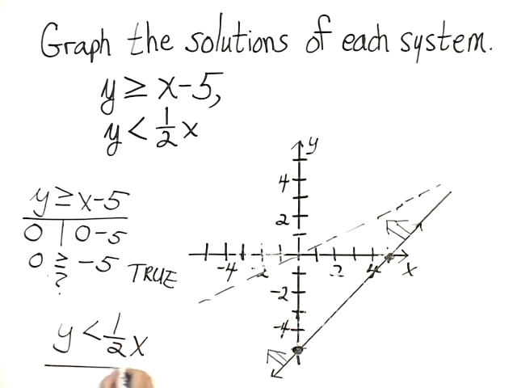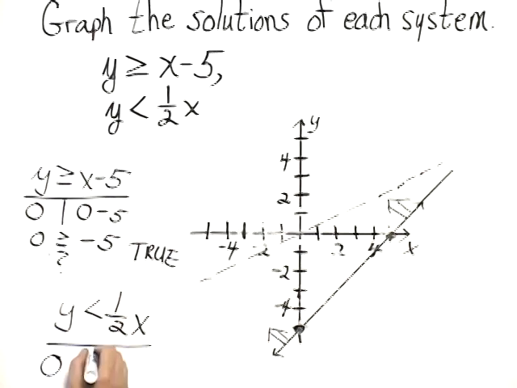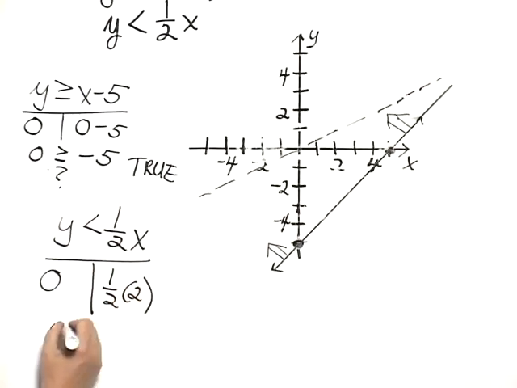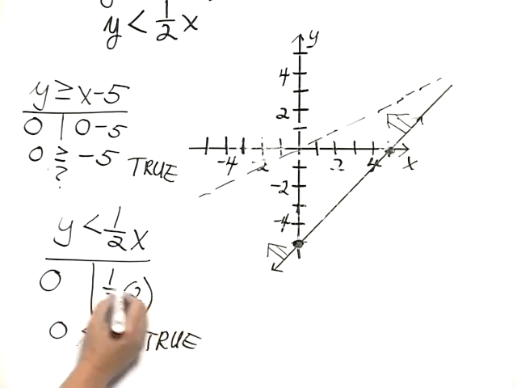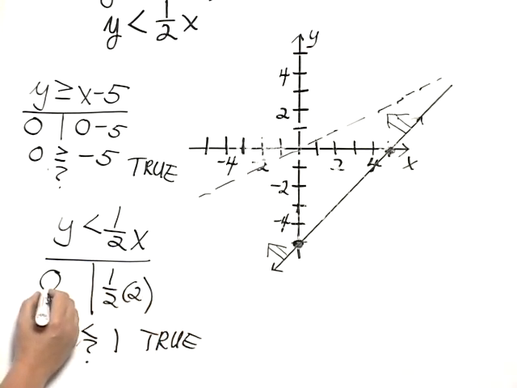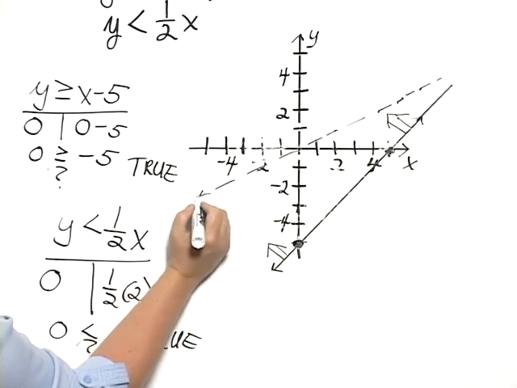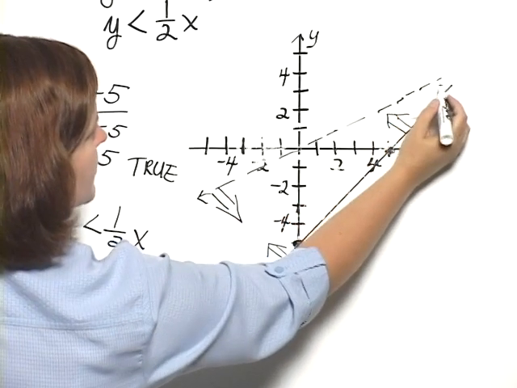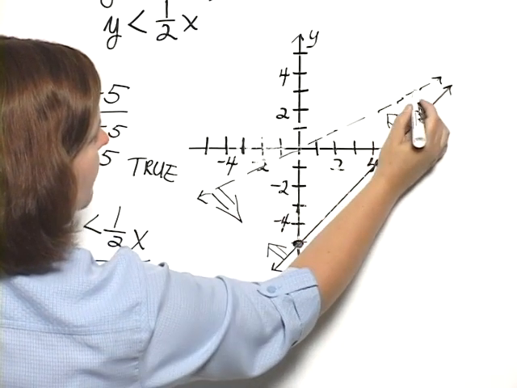When x is 2 and y is 0, we would have 0 is less than 1. That is true, and that tells us that the point (2, 0) is part of the solution set, which means that we would want to shade this side of the line. I'll stick my arrows here.